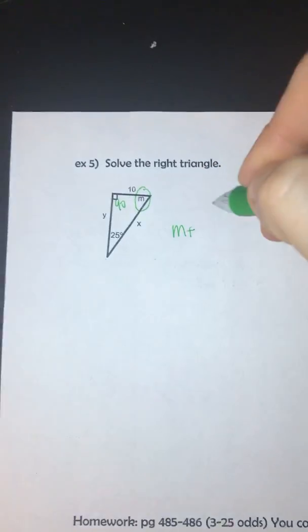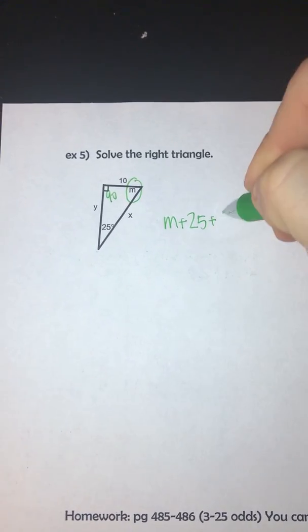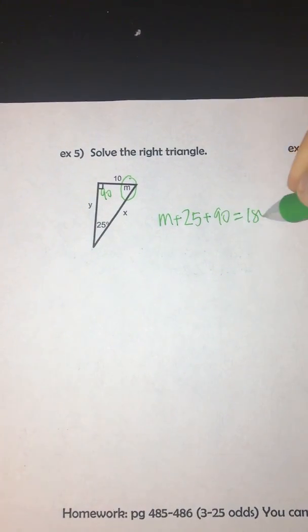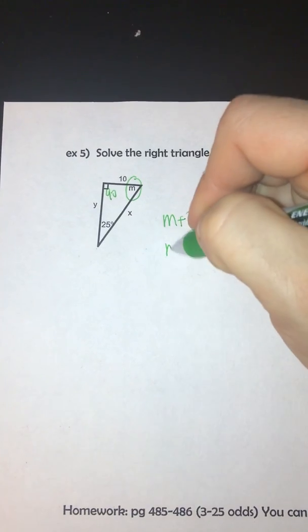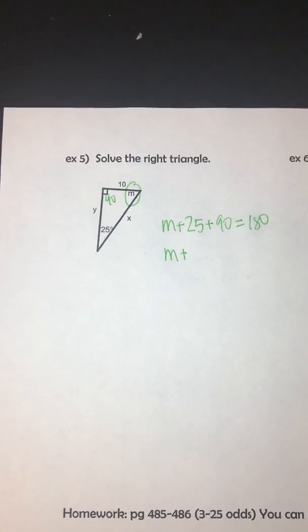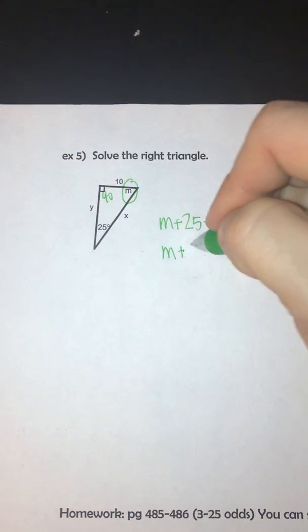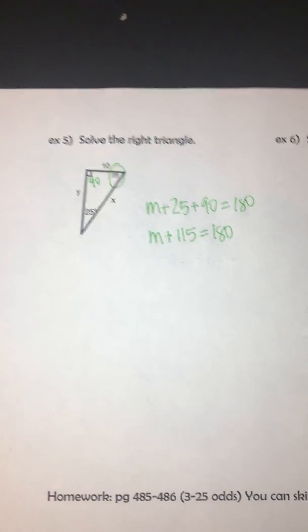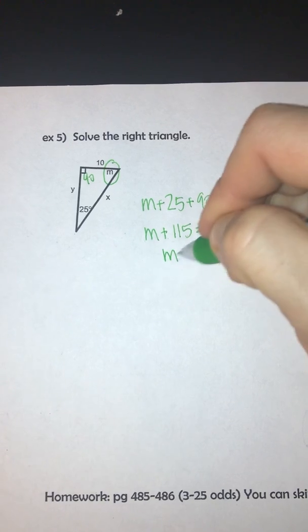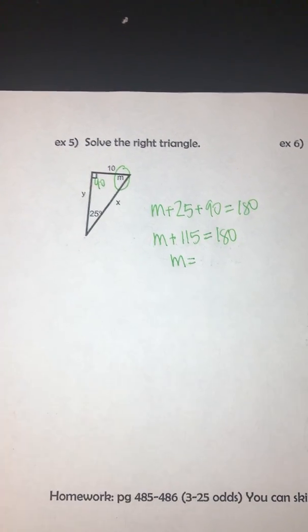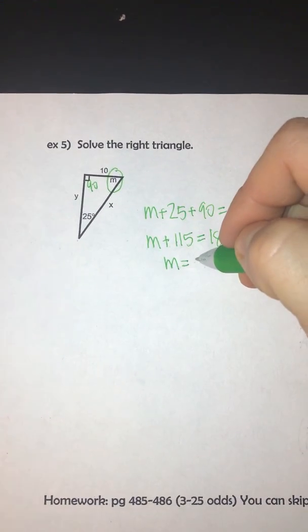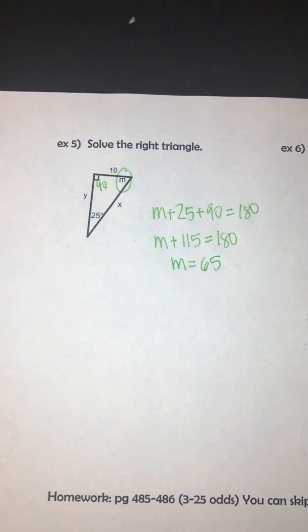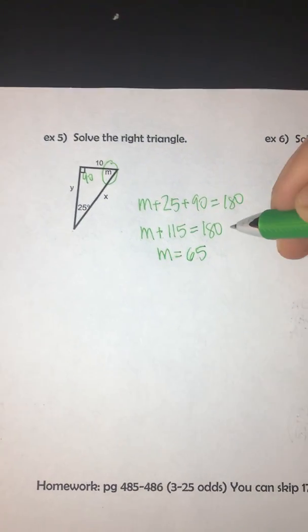So M plus 25 plus 90 should equal 180. And 25 and 90 is 115. And then I can subtract 115 to find out that we have, is it 65 degrees? Yeah, that would make sense, 65.